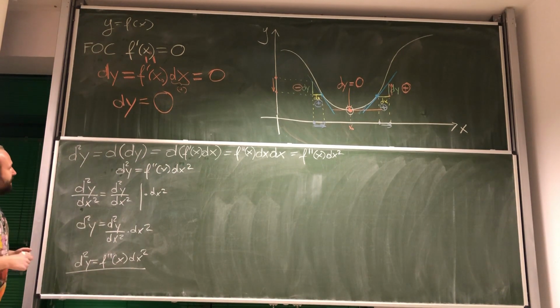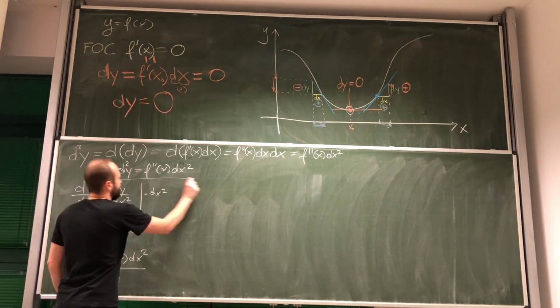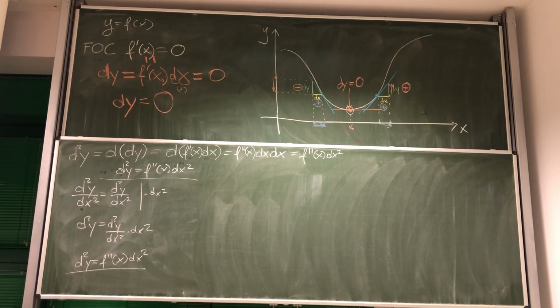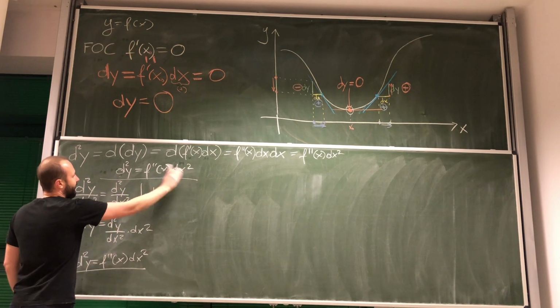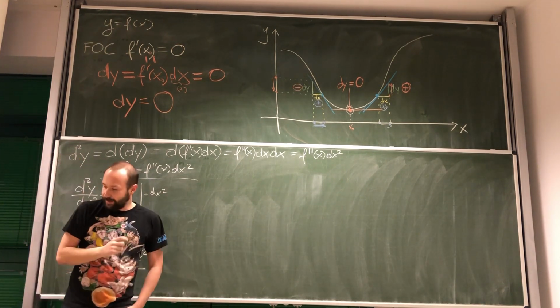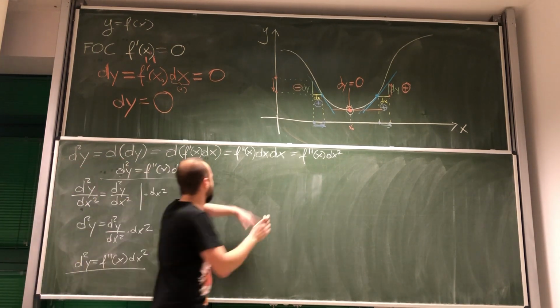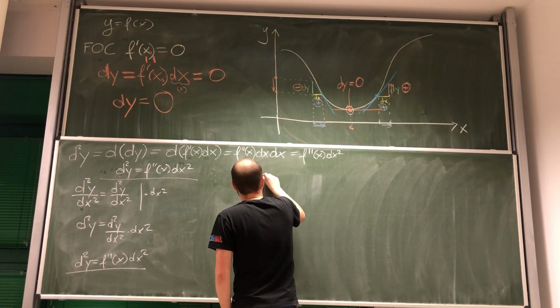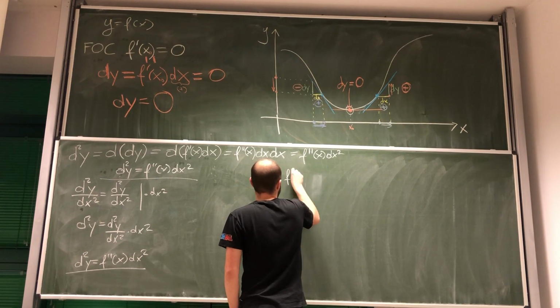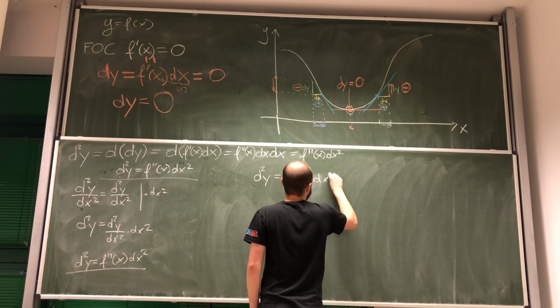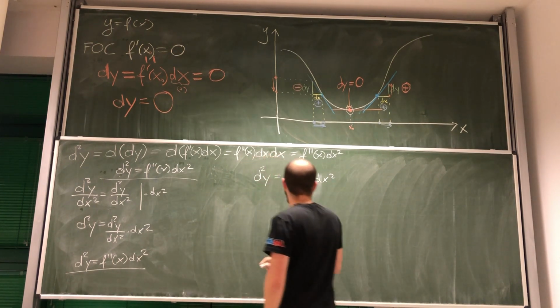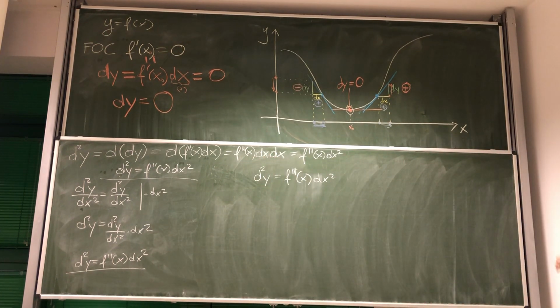Okay, so now that we know how to calculate the second differential, let's think for a second about potential values. Okay, look, let me just write it so it's more clear. We've got d squared y is equal to f double prime of x dx squared. Now, in this case, actually one thing makes everything here very simple.